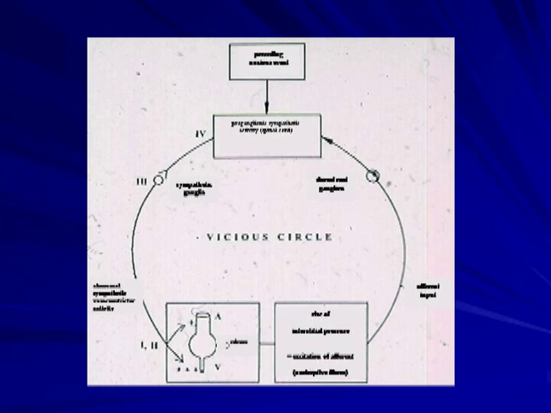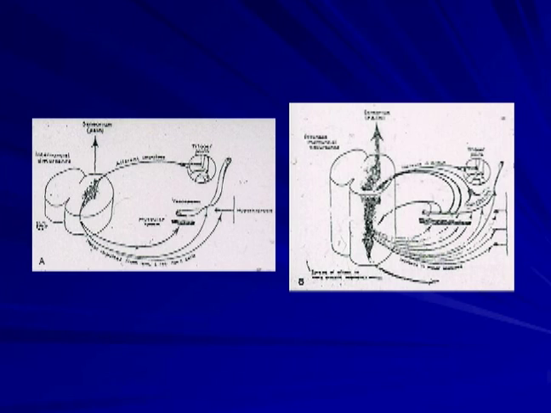So that's a theory. I present it as a theory as to how sympathetic blocks help to resolve swelling and discoloration of an individual with CRPS. Again, the vicious circle of responses and reflexes.